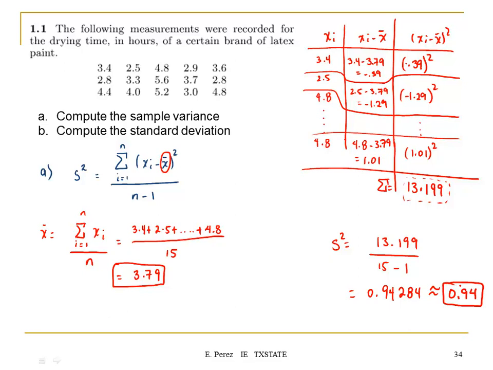So part B equals the square root of the variance, which is the square root of 0.94, which equals 0.97. Any questions? Okay, so that's how you compute the sample variance and the sample standard deviation.